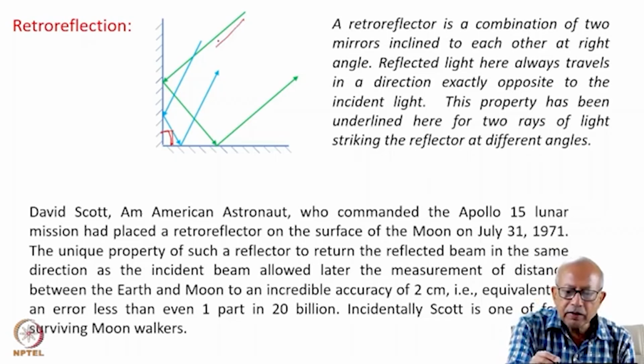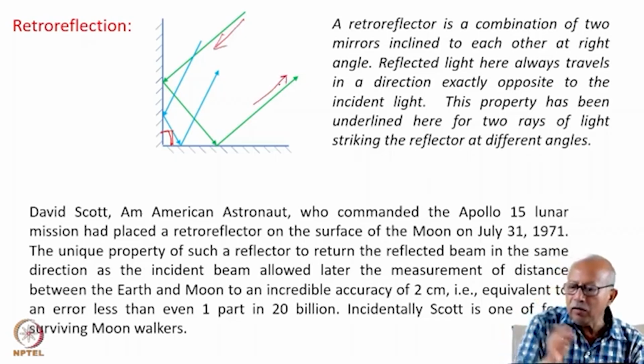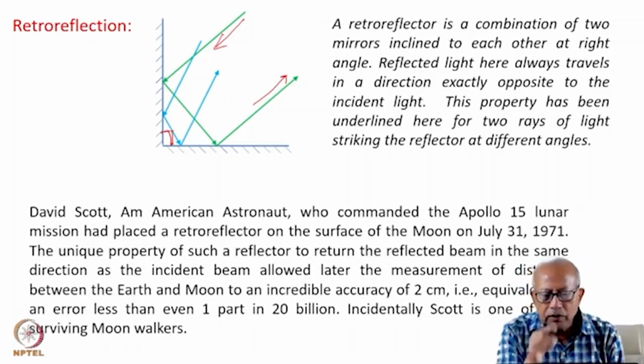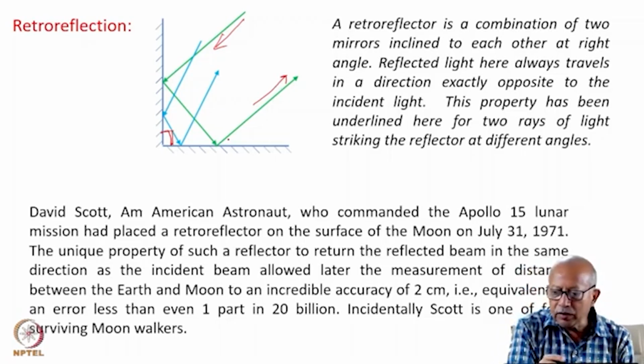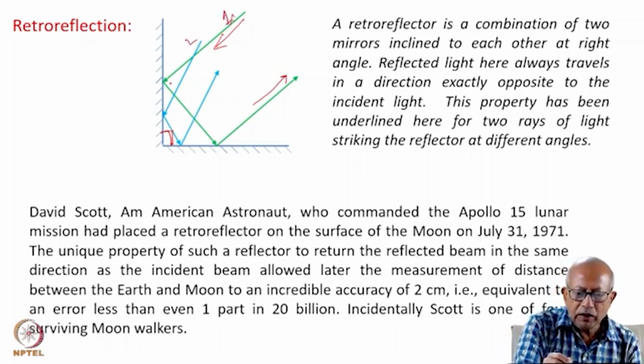Here the incident light comes in this direction and the reflected light goes back exactly opposite. This property has been underlined here for two rays of light, one is this, the other is this, striking the mirror at different angles of incidence.